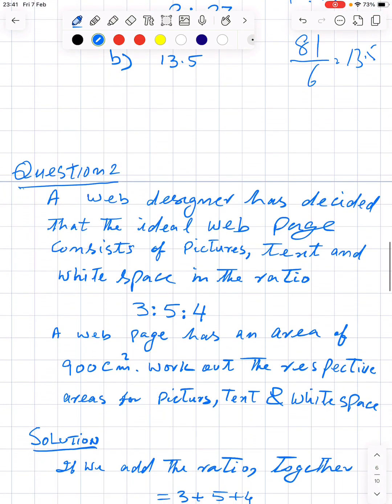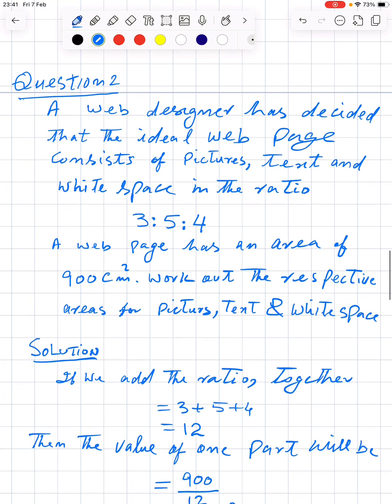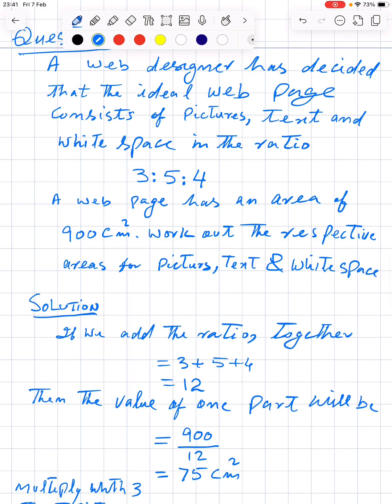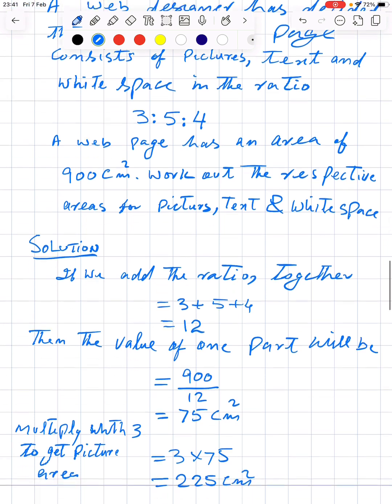A web designer has decided that the ideal web page consists of pictures, text, and white space in the ratio 3 to 5 to 4. A web page has an area of 900 centimeters square. Work out the respective areas for pictures, text, and white space.